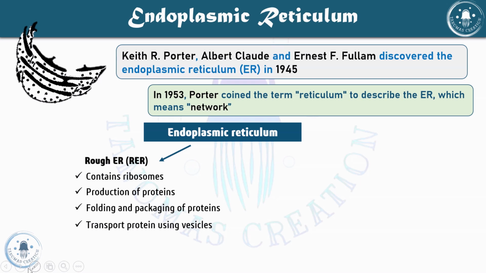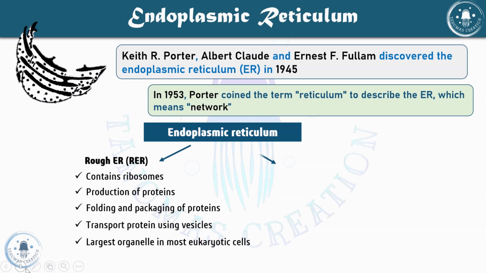To the Golgi body. So most of the functions occur in the rough endoplasmic reticulum. The RER is the largest organelle in most eukaryotic cells. The endoplasmic reticulum is the largest organelle, and inside it, the RER covers most of the space.